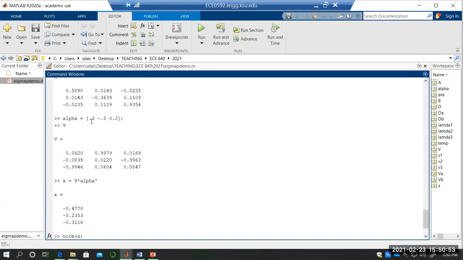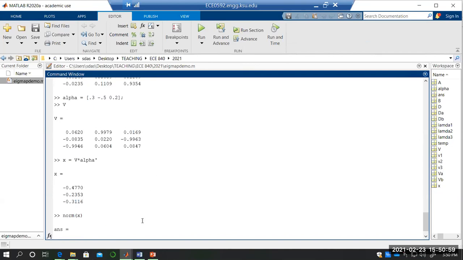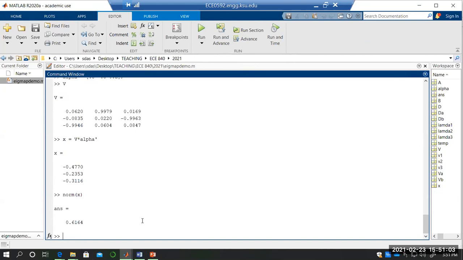0.6164. Now, what's the length of this? I told you that it's the same thing as the square root of alpha 1 square plus alpha 2 square plus alpha 3 square, right? So what's that?